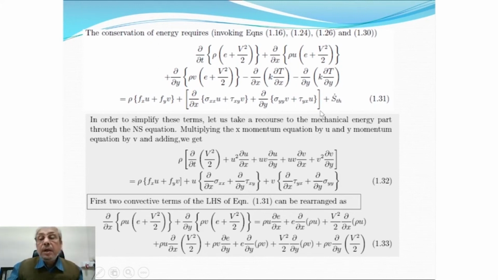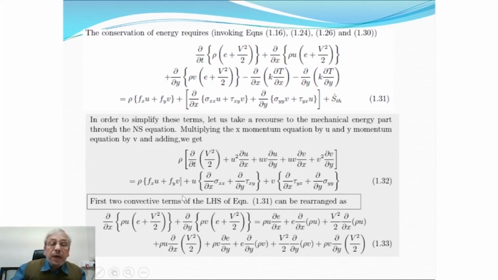Now if we look at equation 3.1, which is basically the energy equation, considering the thermal energy and the mechanical energy both, we will be able to get this equation, but we require some simplification.